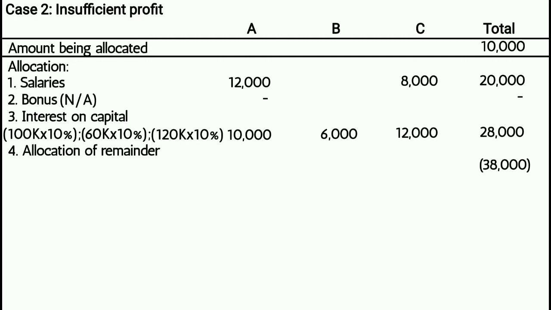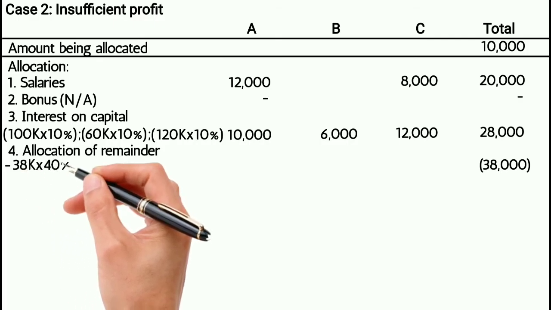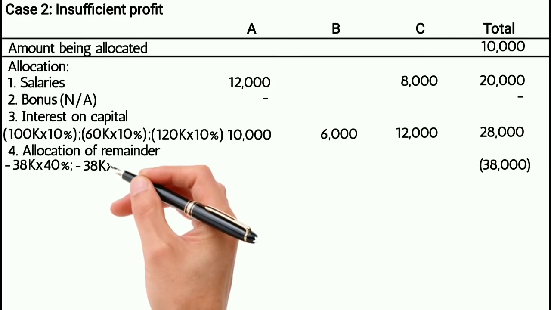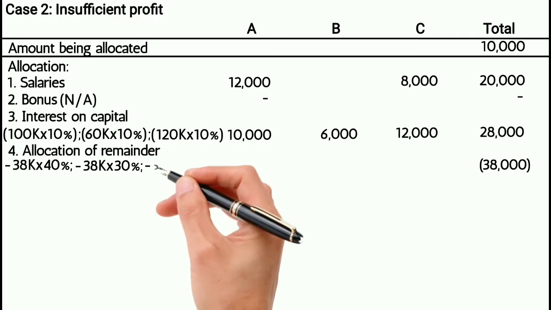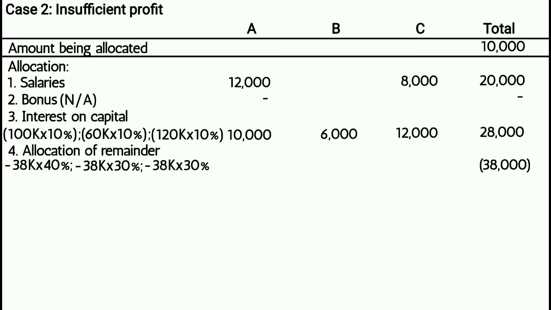For A, imumultiply natin yung negative 38,000 pesos sa 40%. For B, imumultiply natin yung negative 38,000 pesos sa 30%. And for C, imumultiply natin yung negative 38,000 pesos sa 30%.